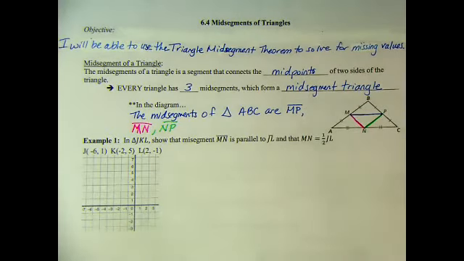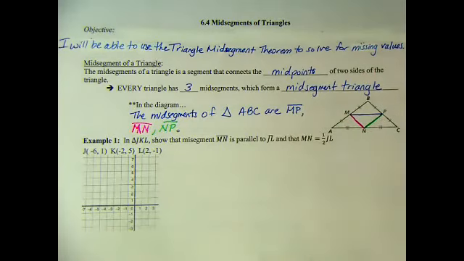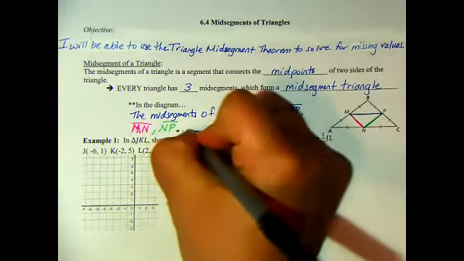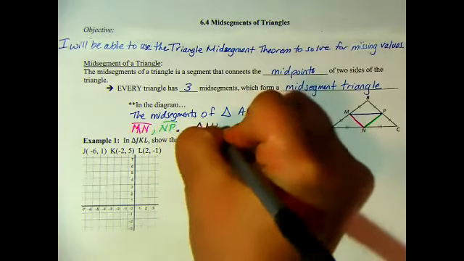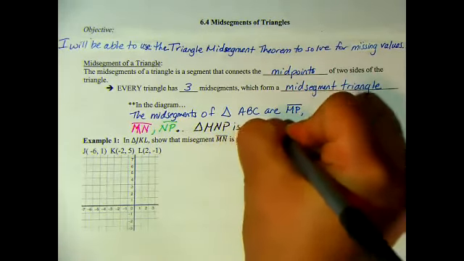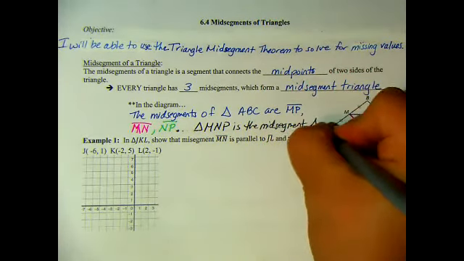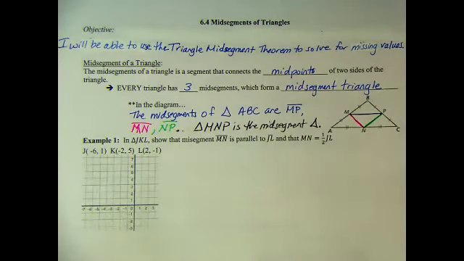What that does is make triangle MNP. So triangle MNP is the mid-segment triangle for triangle ABC.